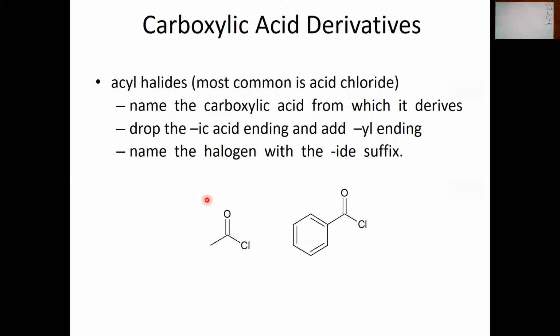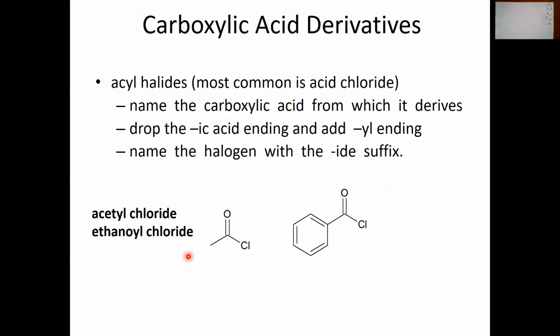So if we imagine this as a carboxylic acid, that's a 2-carbon carboxylic acid, and a 2-carbon carboxylic acid name is acetic acid, if you're talking about common, ethanoic acid, if you're talking about IUPAC. So according to my rules up there, this now becomes acetyl chloride and ethanoyl chloride.